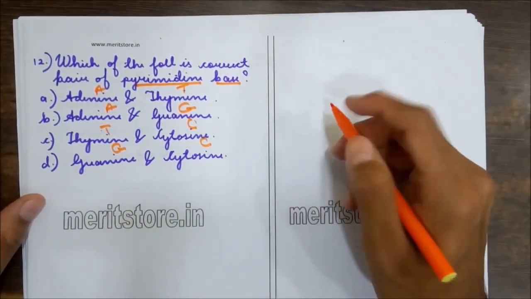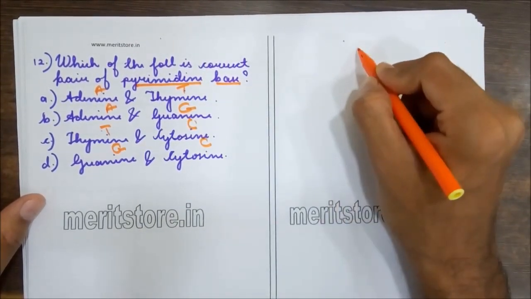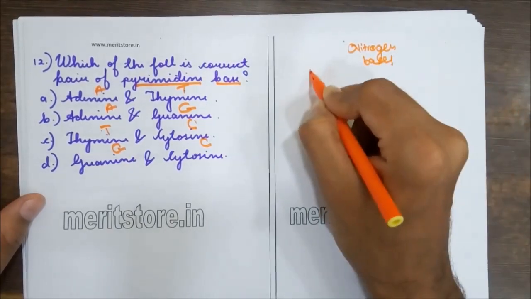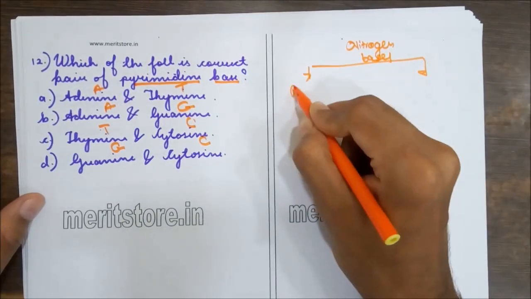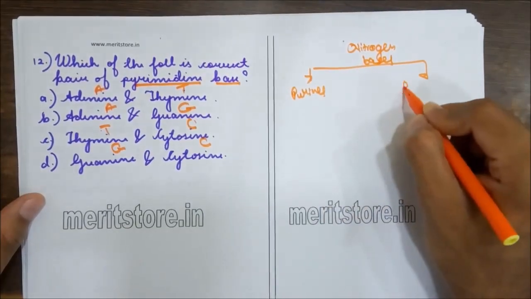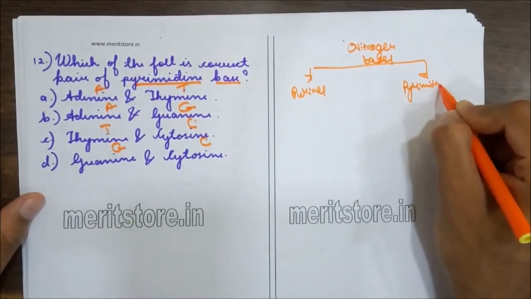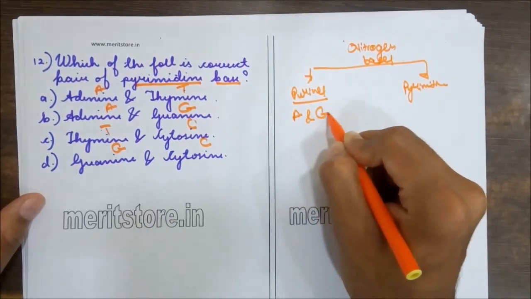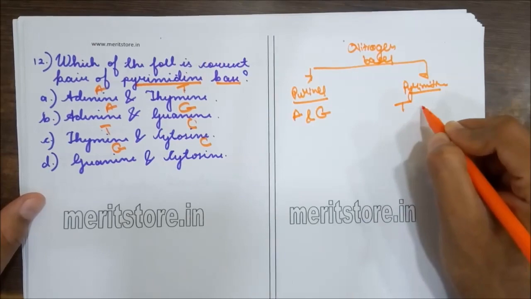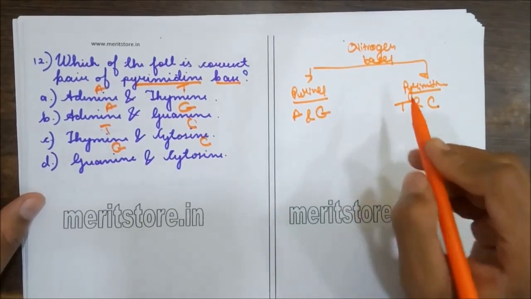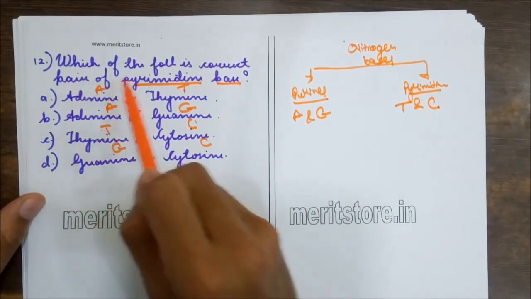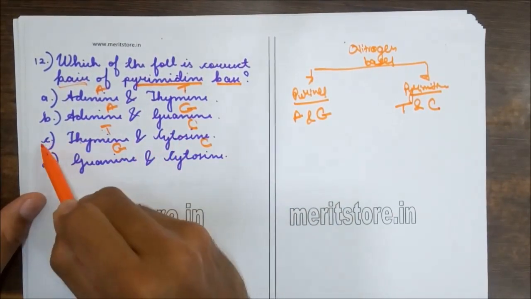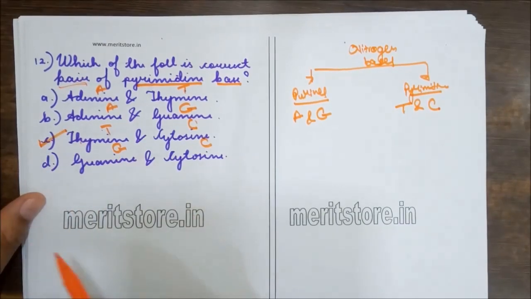For this question to understand, you should know that there are two nitrogen bases, there is purines and pyrimidines. Purines are adenine and guanine and pyrimidines are thymine and cytosine. So they have asked the question which of the following is correct pair of pyrimidine base. So thymine and cytosine is the correct pair. So option C is the correct answer.